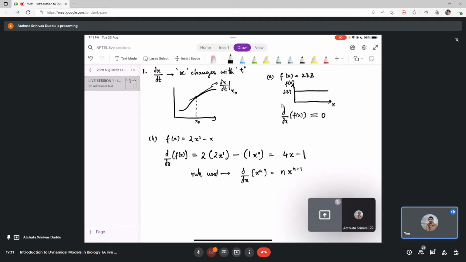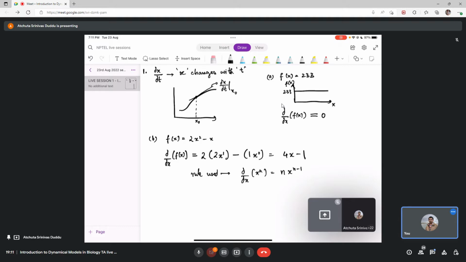The thing with differentiation is that you have to know a certain number of basic rules, which the first time would help if you can derive from first principles, that is dx by dt. You could write it as f of x plus delta t minus f of x, whole divided by delta t, the change in time.